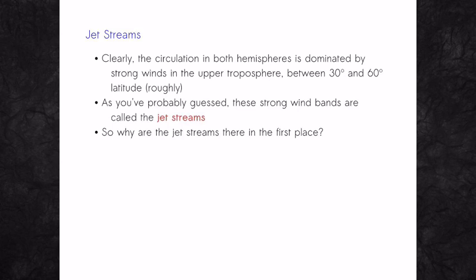So why is it that the dominant pattern in the Earth's circulation, the winds on the Earth, are these jet streams? Well, it turns out that we can explain this pretty well based on things that we already know. To see how this works, let's jump over to the chalkboard.